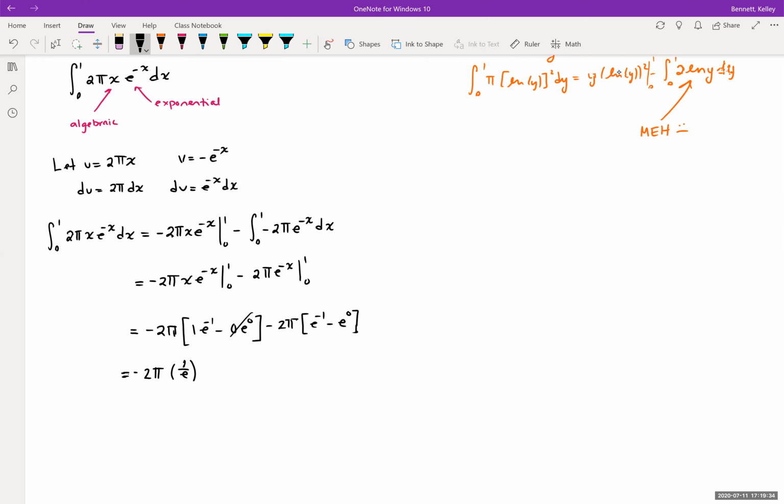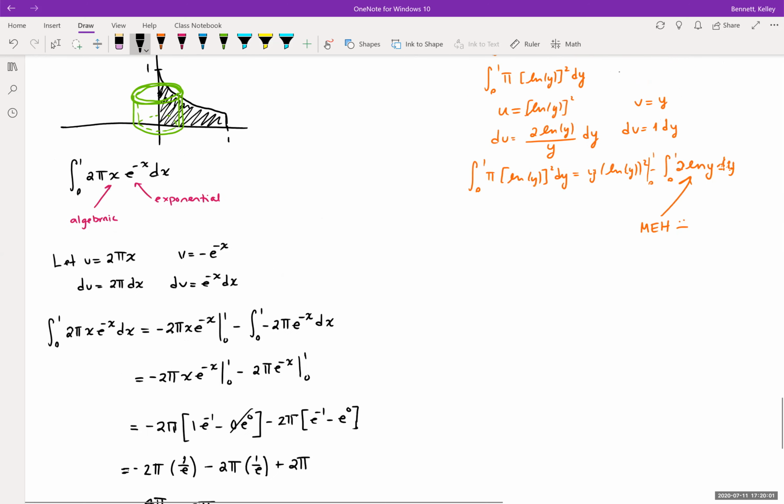And then I get minus 2 pi times 1 over e plus 2 pi, right? So that double negative there, and e to the 0 is just 1. So I get negative 4 pi over e plus 2 pi. And that is a transcendental number if I ever did see one.